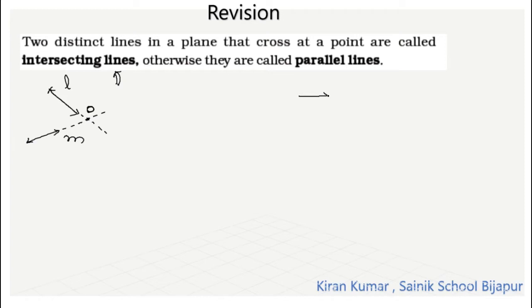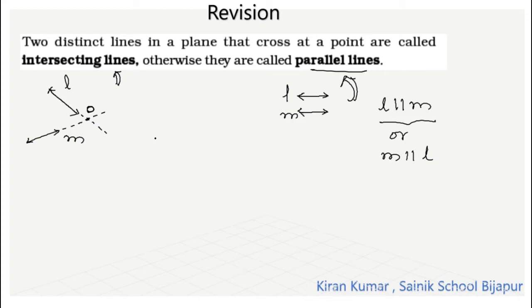Whenever the lines are extended and they don't meet each other at any point, they are called as parallel lines. Whenever there are parallel lines, we denote them using the symbol L parallel to M or M parallel to L, which means that the lines are parallel to each other, they don't intersect at any point.